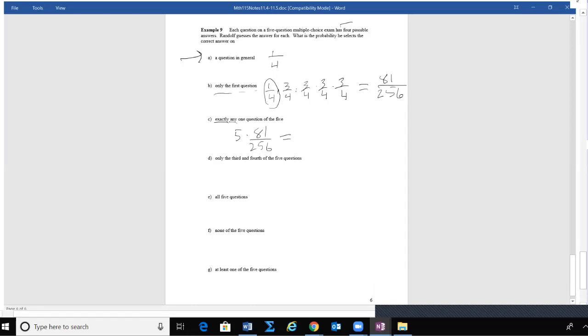Now this is what, 405 over 256. Okay, now what's wrong with this? You should be asking yourself, is this possible? Can a probability be bigger than 1? No. And yet this number is. So something isn't right here.